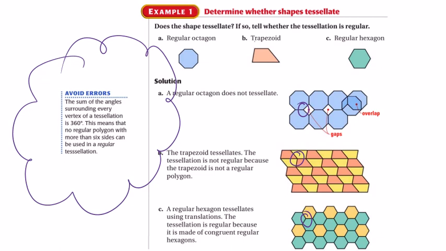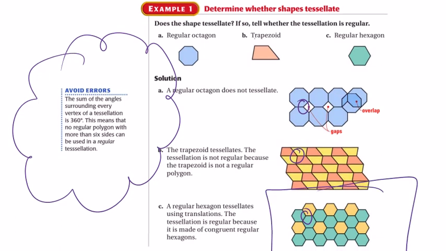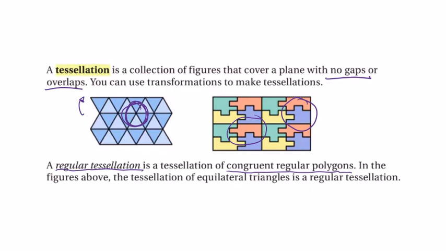If we break up a couple of our regular tessellations, so this one, and I look at the triangle, and I divide that 360 degrees by the number of angles that meet there, here I have 360 degrees divided by the 3 angles that meet there. That means they're all 120 degrees. If I go back to my triangle here, I have 360 degrees divided by 6 triangles, so that gives me 60 degrees.